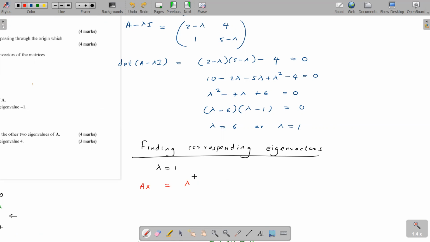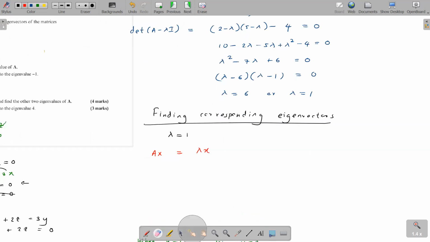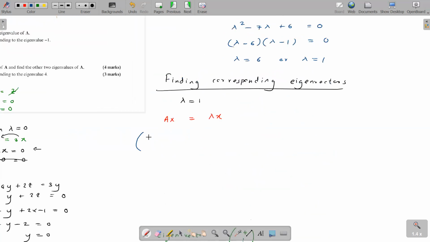Ax equals lambda x. And here x is the eigenvector. You are working with a 2 by 2 matrix, right? So an eigenvector is like a column vector. Because you are working with a 2 by 2 matrix, your column vector will have only 2 elements. A is 2, 1, 4, 5.